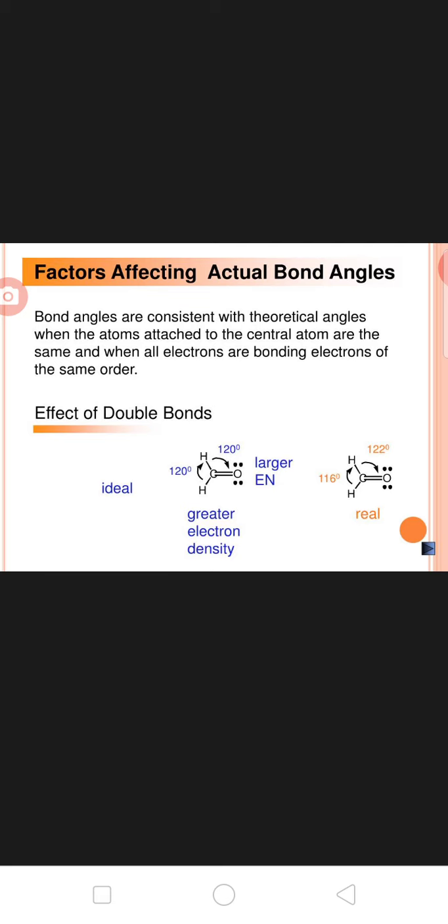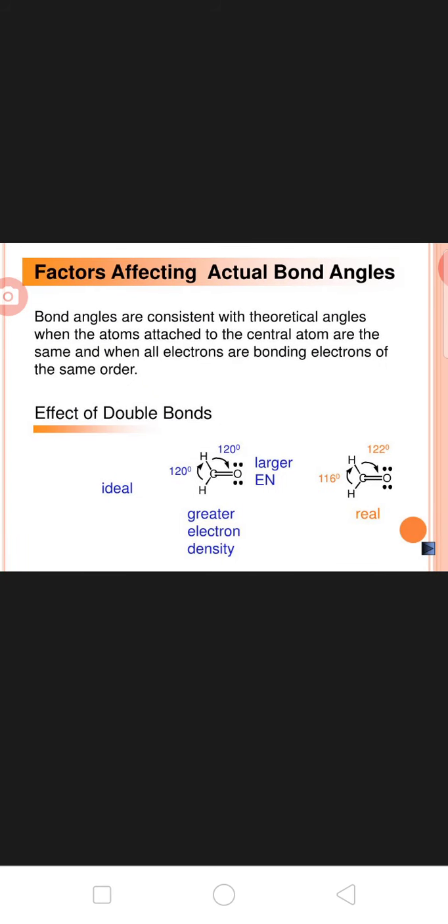Factors affecting the actual bond angle. The bond angles are consistent with the theoretical angle when the atoms attached to the central atom are the same, and when all the electrons are bonding electrons of the same order. For example, we have taken formaldehyde. In formaldehyde, carbon is attached with two hydrogens at an angle of 120, and similarly oxygen is also at 120. But oxygen has a double bond, which is considered as a single bond, but it also has lone pairs, greater electron density, and greater electronegativity.